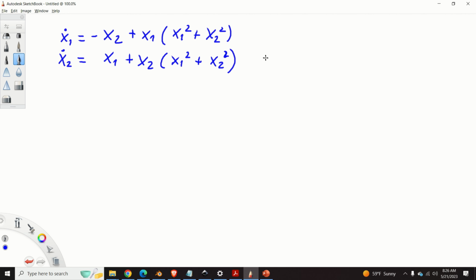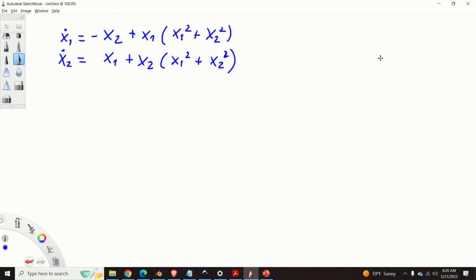How to analyze the stability of this nonlinear system? This nonlinear system looks very complex at first glance, and we can, for example, try to apply a Lyapunov function. For example, we can try to find the Lyapunov function and then to analyze the negative definiteness of its derivative. However, this is a very difficult approach.